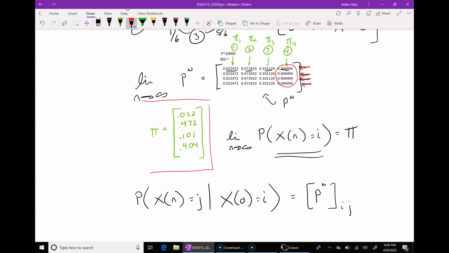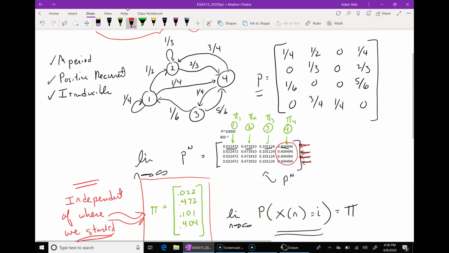And so that's why this distribution is very important. Okay? So it's independent of where we started. Now, that is only the case if we are aperiodic, positive recurrent, and irreducible.